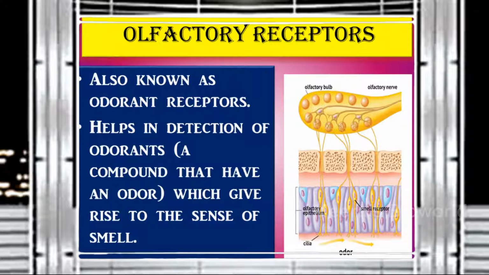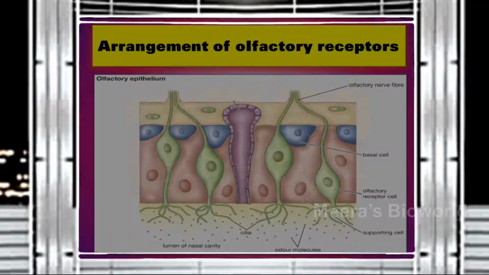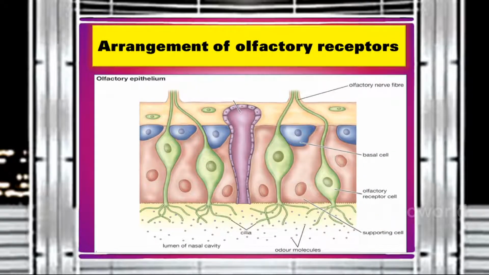They help to detect odorants, that means compounds that have an odor, which give rise to the sense of smell. Here you can see the arrangement of olfactory receptors and they are connected to the olfactory nerve and the base is in close contact with a mucus layer.